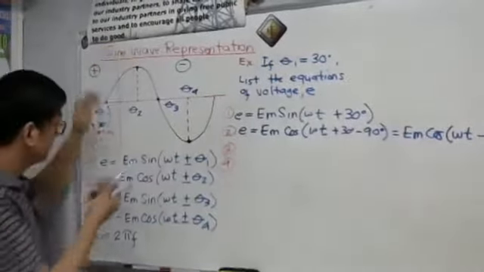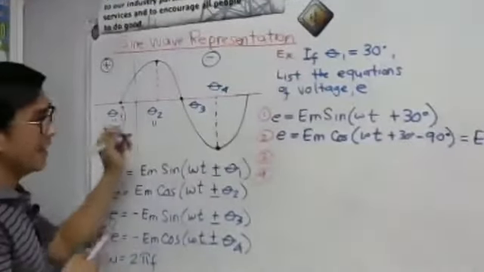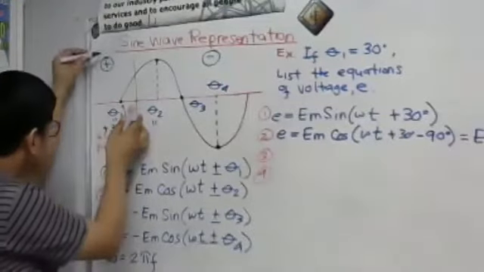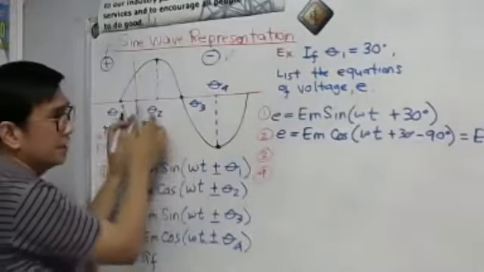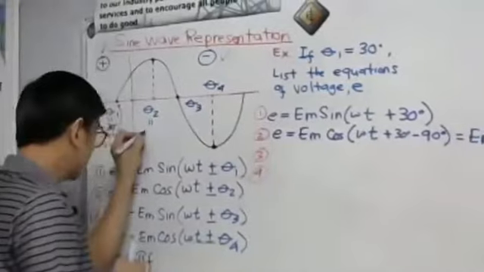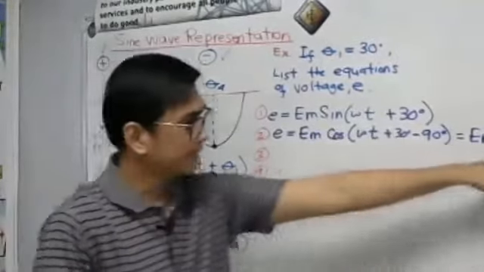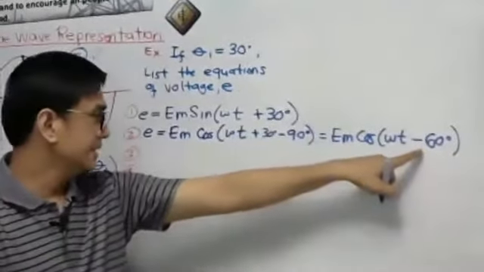We have said that on the left side, that is positive, and on the right side, you consider negative. So this is already negative 60, the location of theta sub 2.